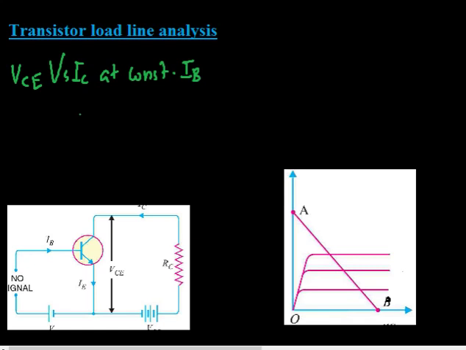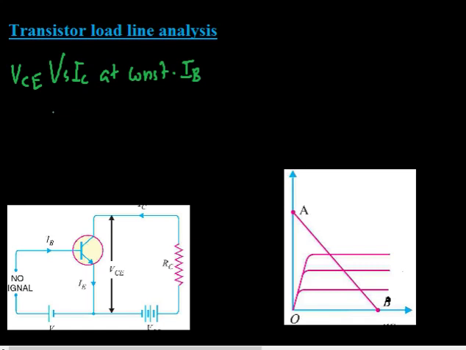This is needed because the collector current determines the output current, which determines the amplification factor in the case of a common emitter transistor connection. So how this collector current varies with the collector emitter voltage is a very important parameter, and this is established by plotting the output characteristics.